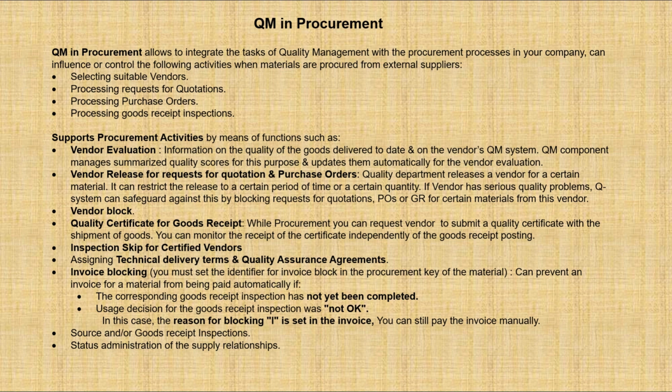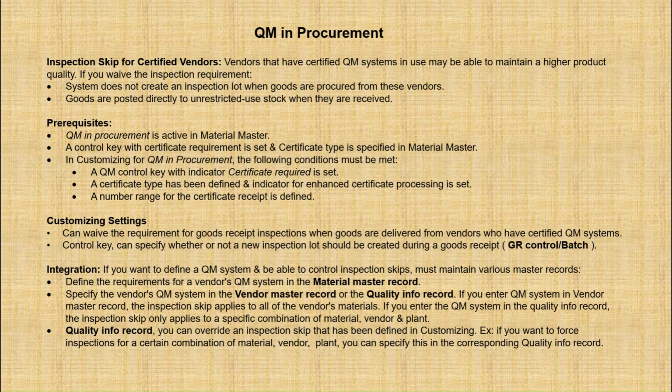Whether I want the vendor to be released, whether I want technical terms and conditions from the vendor, whether I want a specific certificate from the vendor when I'm purchasing it.